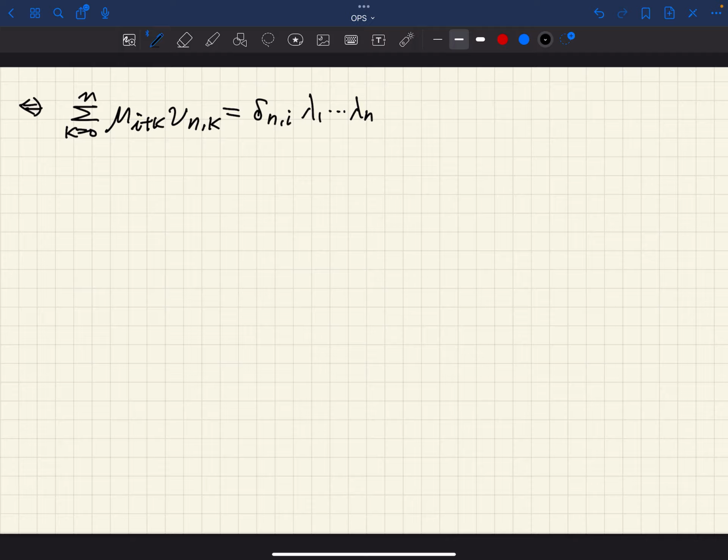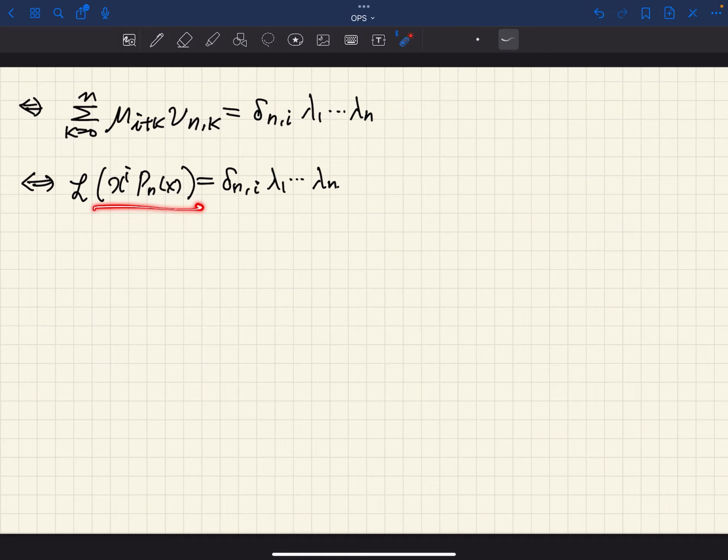But if you think about this, this is something that we can see from the orthogonality. This is equivalent to this statement: the integral of x^i p_n(x) equals delta_{n,i} lambda_1 ... lambda_n. Why is that? Because just imagine that you expand.